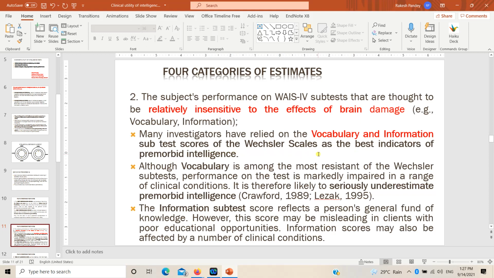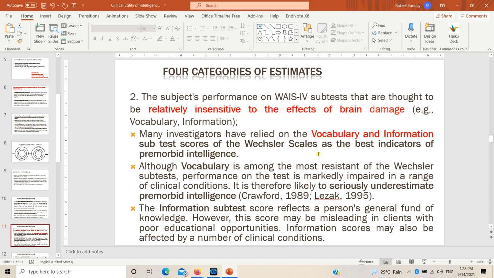Similarly, the information subtest scores reflect a person's general fund of knowledge. However, this score may also be misleading because it is highly influenced by educational background and educational opportunities.